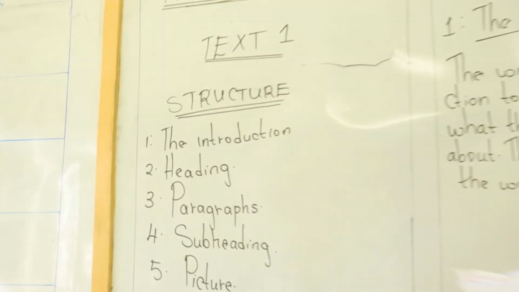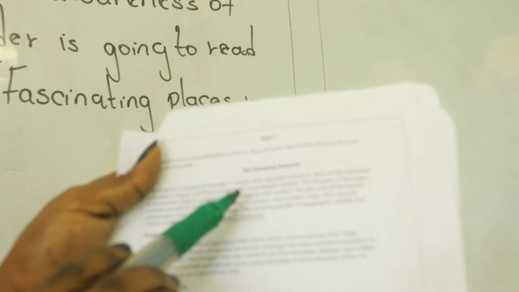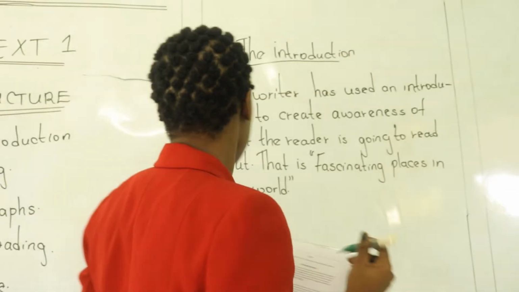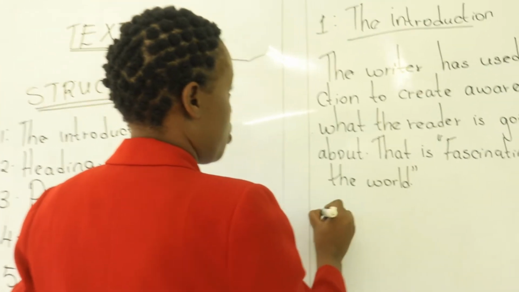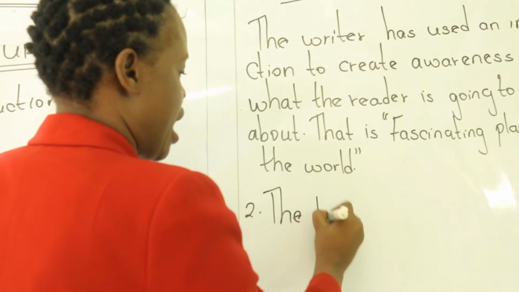Next, we go to the heading. Our heading is the amazing Amazon. The amazing Amazon. That is our heading. Number 2, the heading.